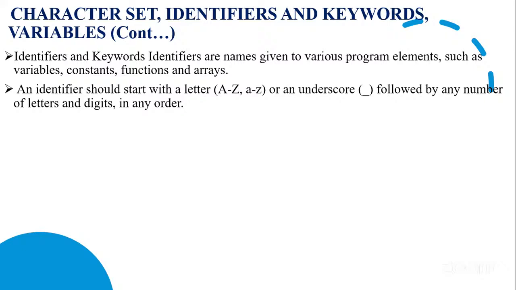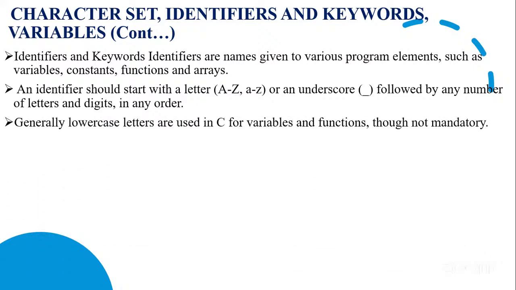An identifier should start with a letter, either capital A to Z or small a to z, or an underscore, followed by any number of letters and digits in any order. Generally, lowercase letters are used in C for variables and functions, though it is not mandatory.